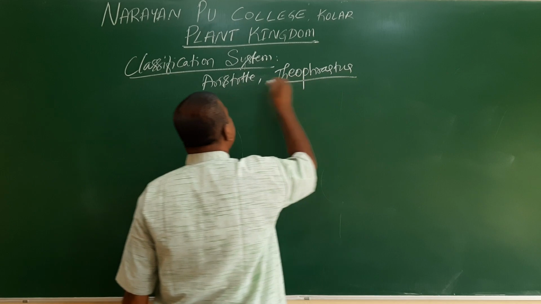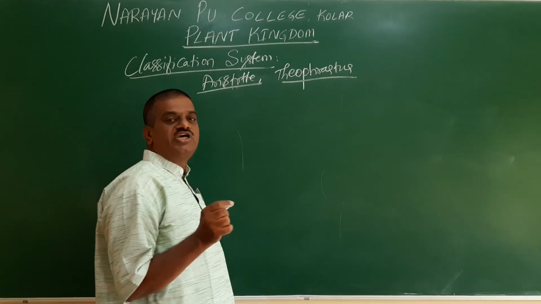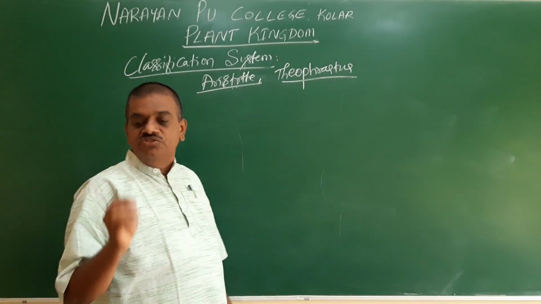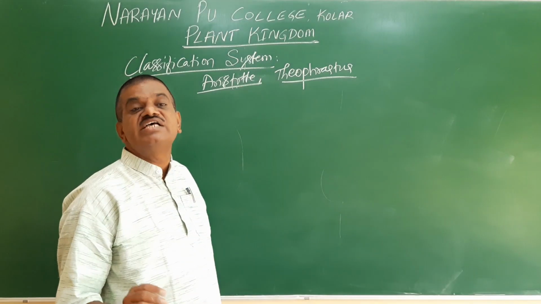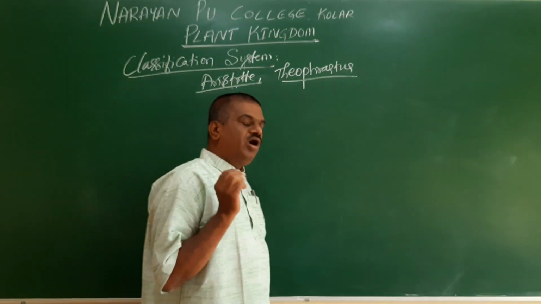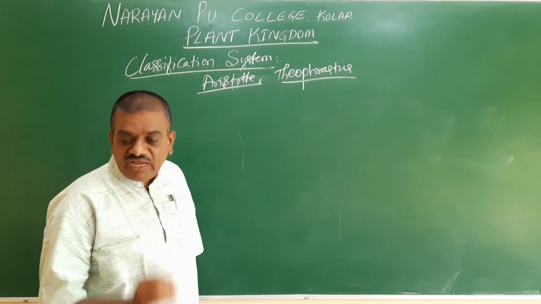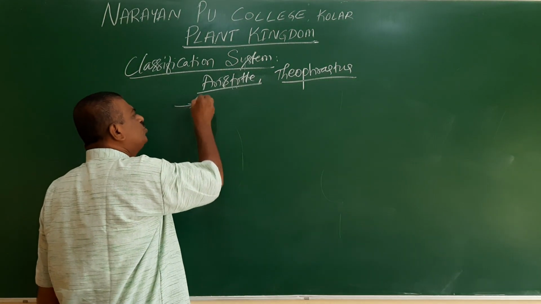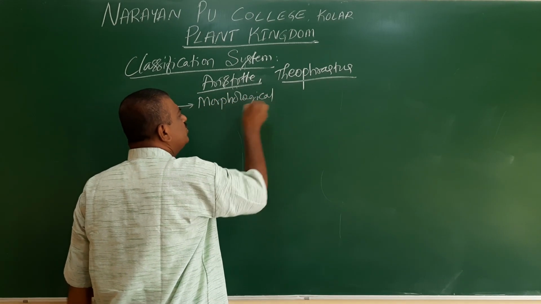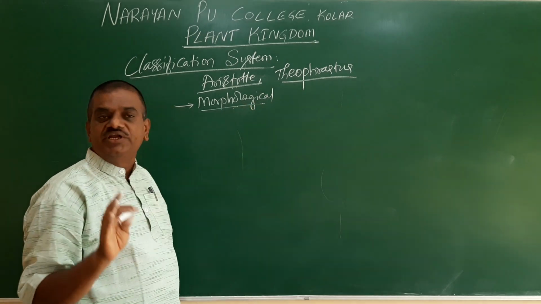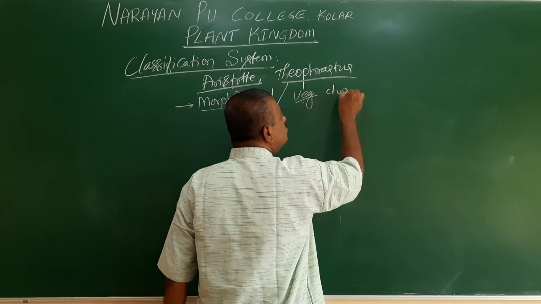We know that Aristotle is called the scholar of biology, and Theophrastus is called the scholar of botany. These two persons also used the artificial system of classification. But the artificial system of classification is not accepted because it was purely based on morphological characters, that is, vegetative characters.